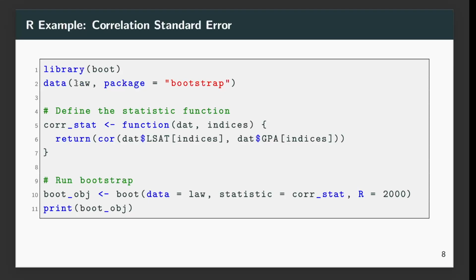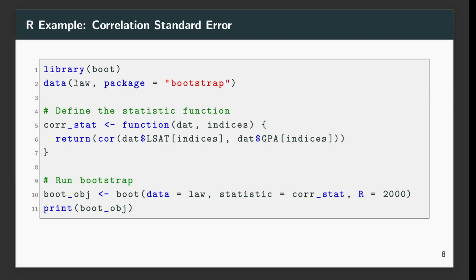What we want to do is estimate the correlation between the LSAT and the GPA. LSAT is some academic score, and we want to see the correlation between the two. So our statistic here is the correlation, and we also want to assess how variable that estimate is.